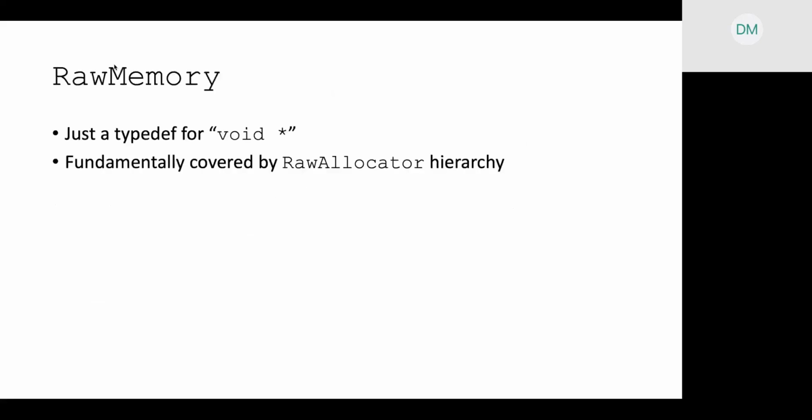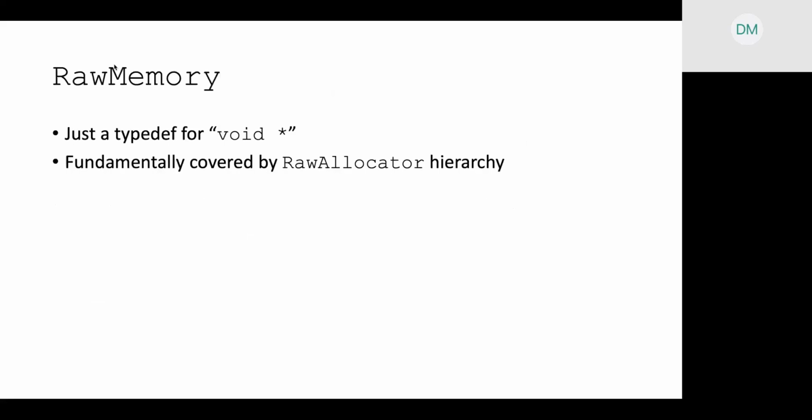There are a couple of concepts that will help structure the rest of the presentation. When the JIT is allocating memory, there are two types of memory that it allocates. One is just plain what I call raw memory, which is really just a void star. It's the type of memory, quote unquote, that malloc and free work with, right?